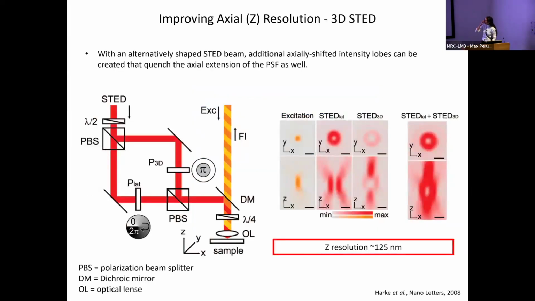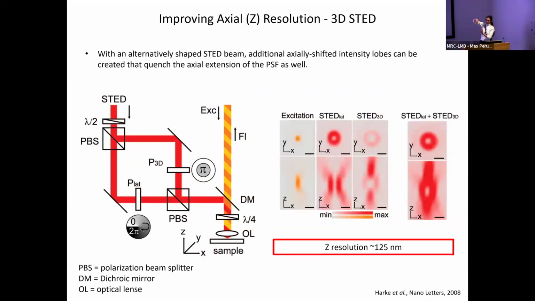Now the same process applies for 3D STED. You have a beam that generates the donut for the XY plane, and the beam is split to also generate caps on the Z axis.